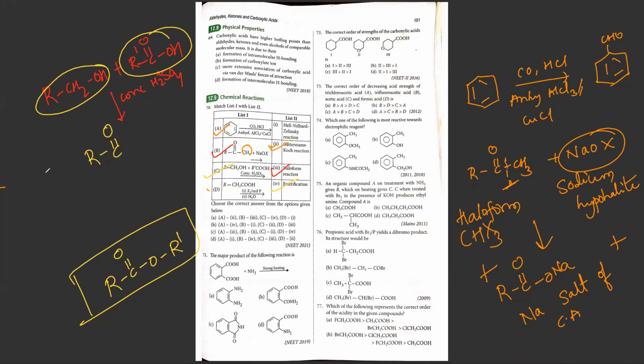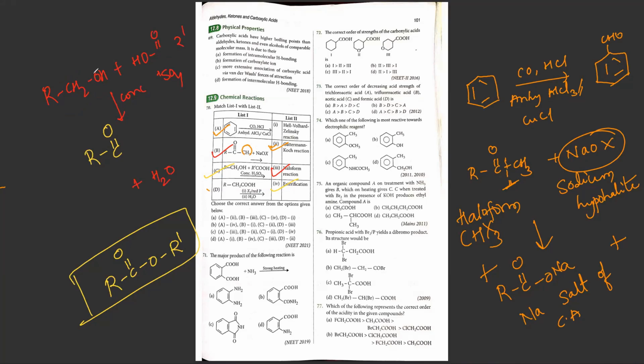So here, how to write this reaction? I'll show you once more. Suppose I take red color only. So if I take HO, C double bond O, R dash, and erase here, what will be our byproduct?